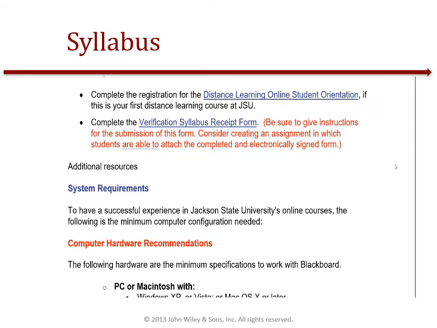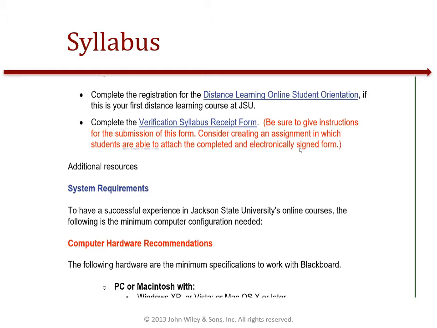Now, here's the part I'm going to kind of skip over really. You will though need to, if you haven't done so already, do the distance learning student orientation, as well as when you complete reading and understanding the syllabus, you have to, this is one of your first assignments, complete the verification of syllabus receipt form.